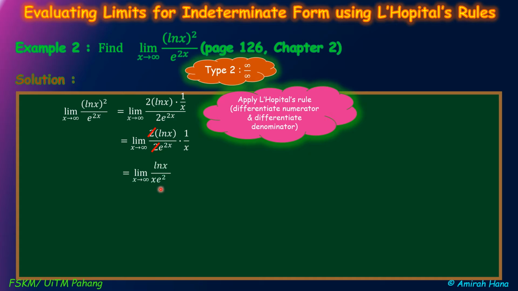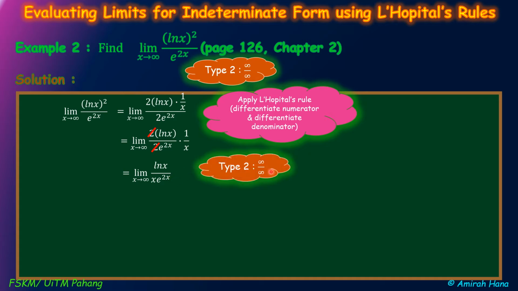Then we have the numerator ln x and the denominator x e to the power of 2x. After that we try direct substitution.